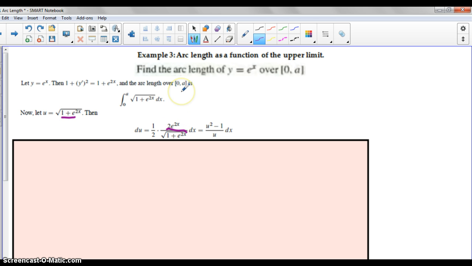So that's where that came from. And it turns out our du equals, simplified, with the 2's canceling out, e to the 2x over the square root of 1 plus e to the 2x, dx.